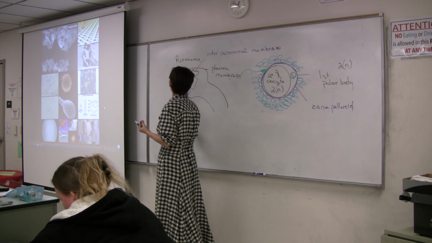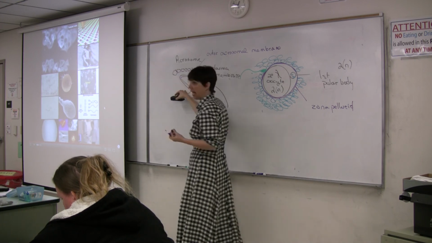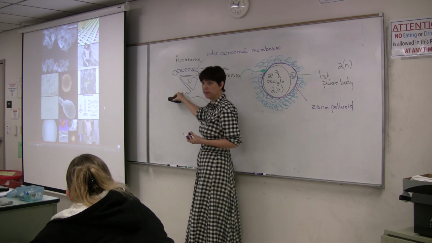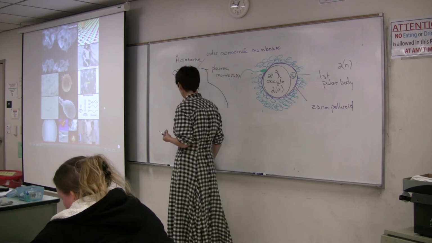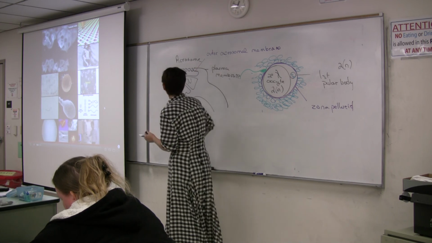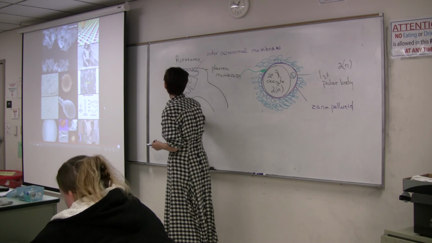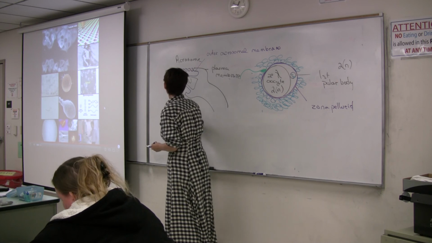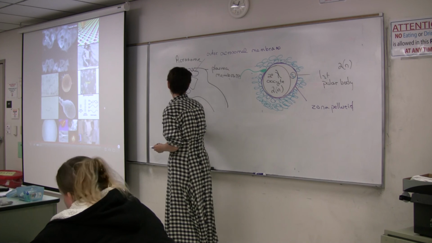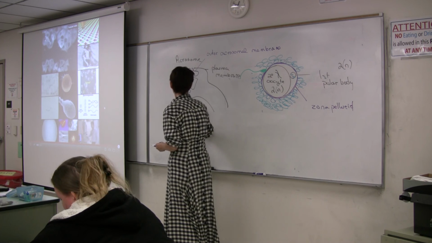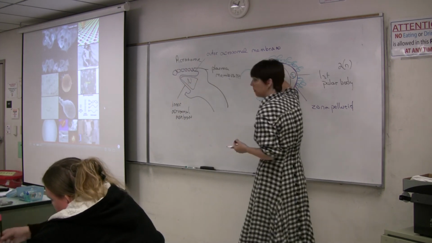And so those will get washed away, and this is what we have left for the sperm that actually binds to the zona pellucida. What actually binds are receptors on this inner acrosomal membrane. That's what actually binds to the zona pellucida.